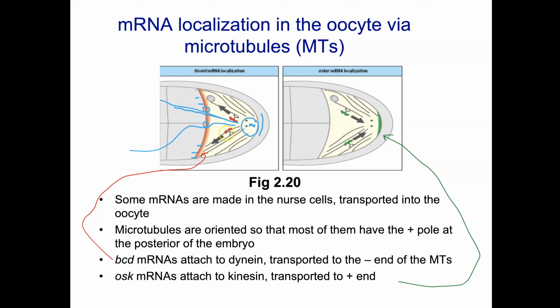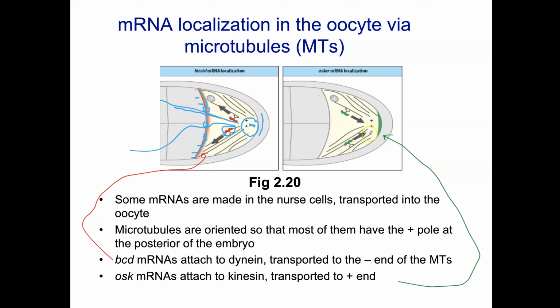But then, depending on which of the motor proteins they're associated with, some of them are hauled to the minus end of the microtubules, and that, for example, is bicoid, because that localizes it onto the anterior part of the egg chamber, which is going to be the anterior of the egg. And there are proteins that keep it glued to the anterior end.